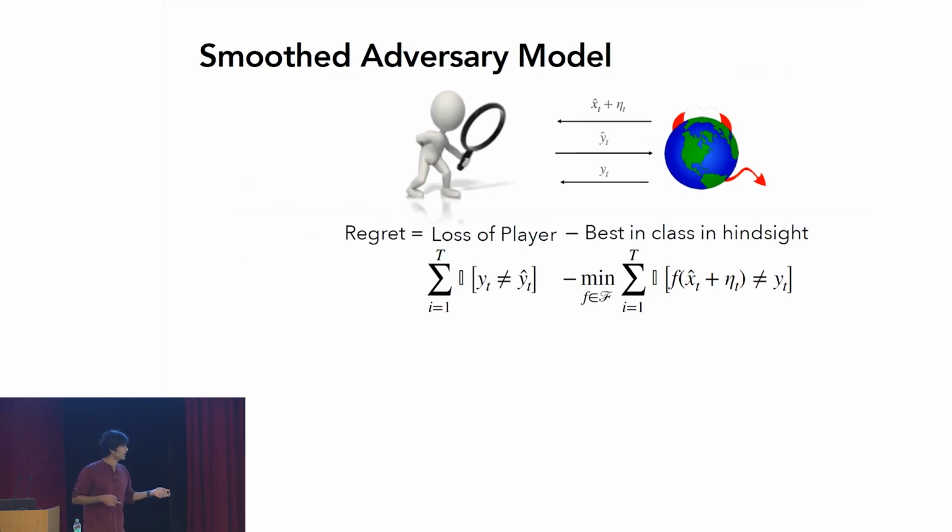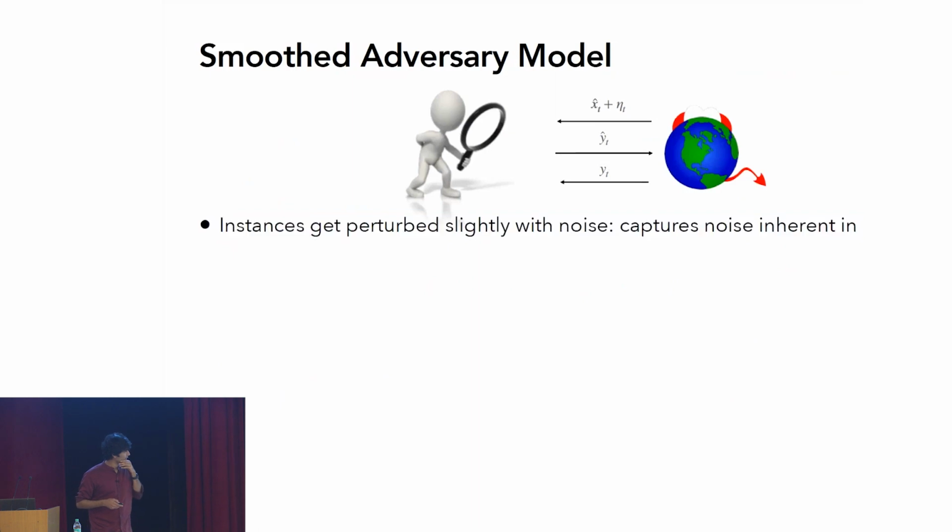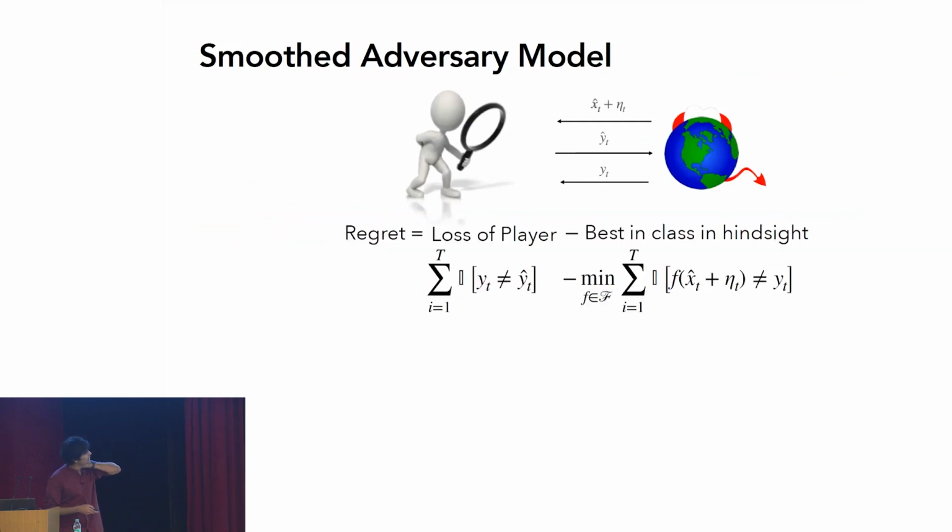It's the number of mistakes that the learner makes compared to the number of mistakes the best hypothesis in hindsight makes on the noisy instance. It's the same definition of regret as before, but instead of xt, you have xt plus eta t.